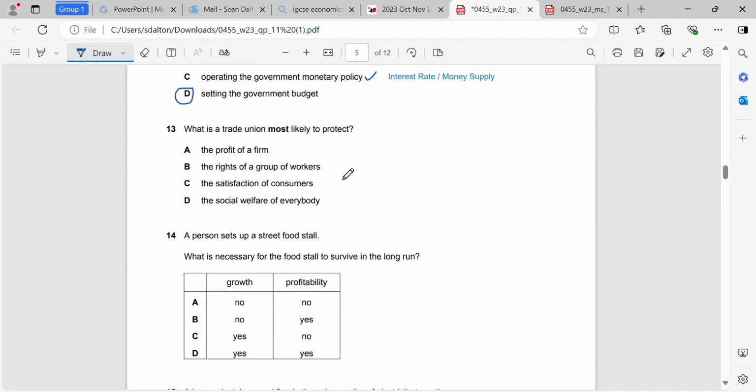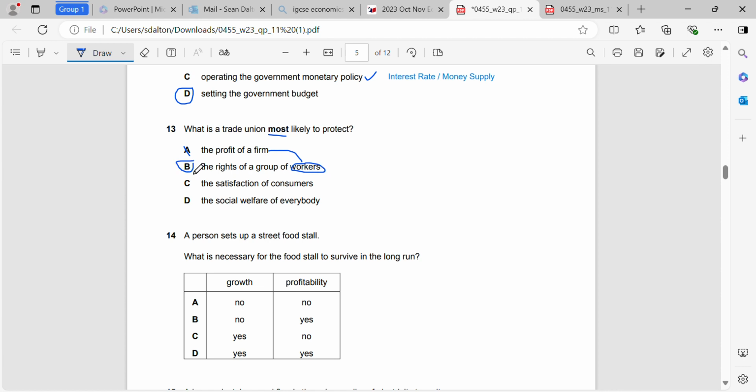What is a trade union most likely to protect? Okay, so trade unions, again, this is a very simple question. They're definitely not going to protect the profit of a firm, because they try and take the profit of a firm and they try and give it to these guys, the workers.